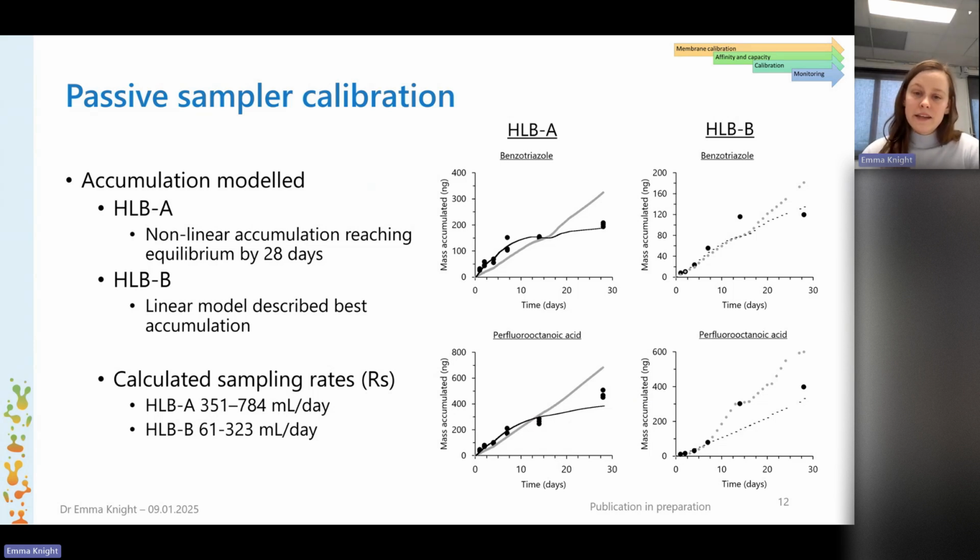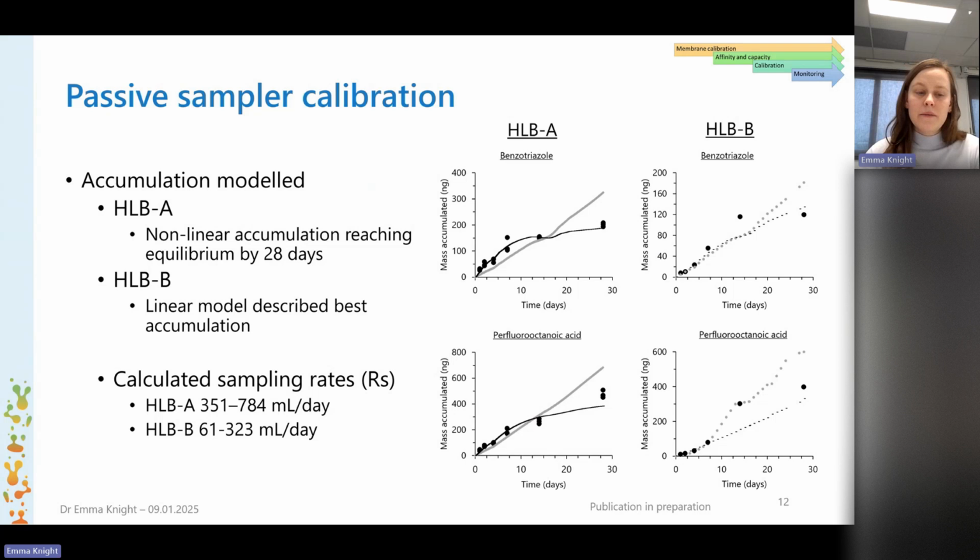The gray line is a linear model that we've calculated, and the black line is a nonlinear or curvilinear model. And what we see is that for HLB-A, the nonlinear accumulation shows that it was reaching equilibrium. So the samplers are reaching equilibrium with the concentration in the water by day 28. Whereas for HLB-B, the linear model described best the accumulation in the sampler.